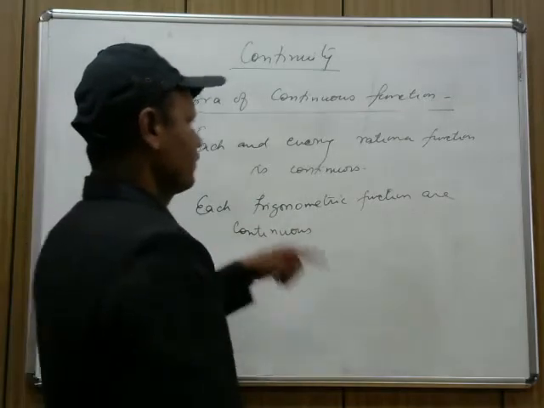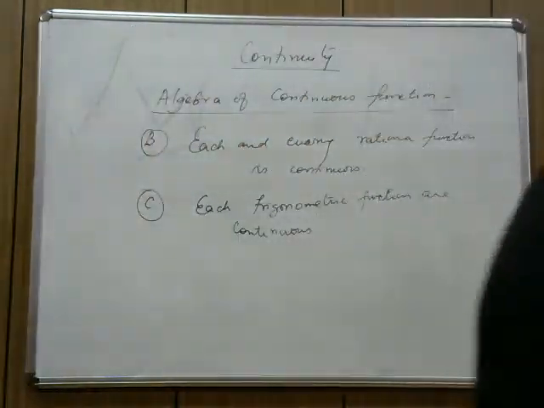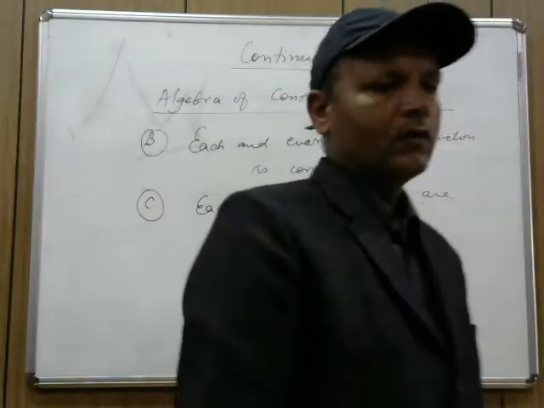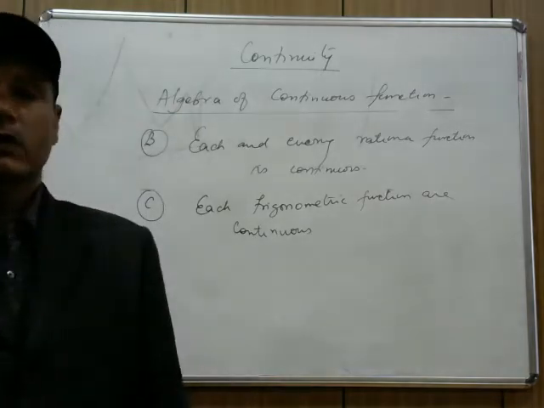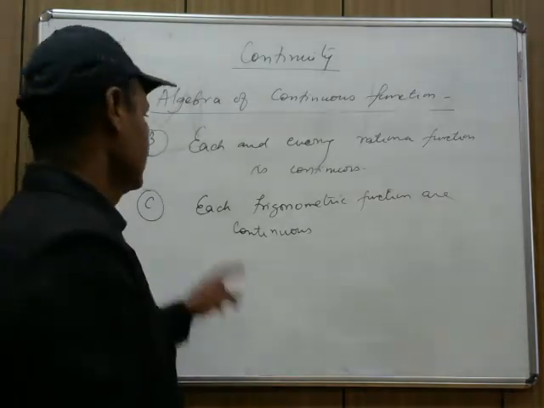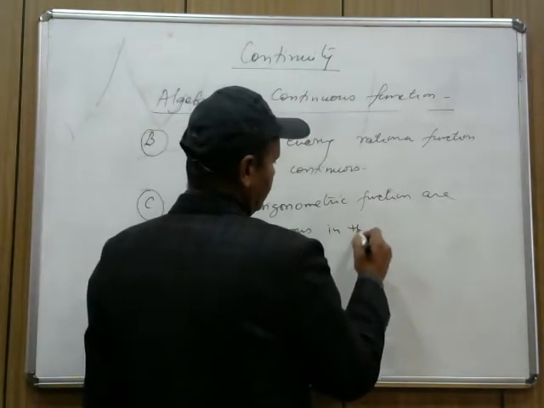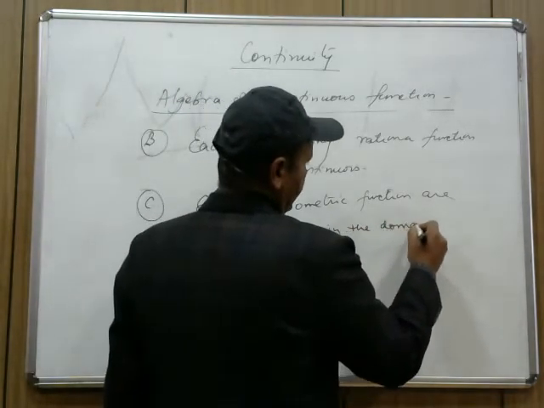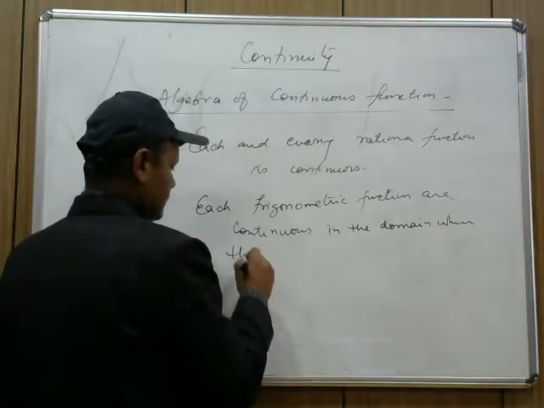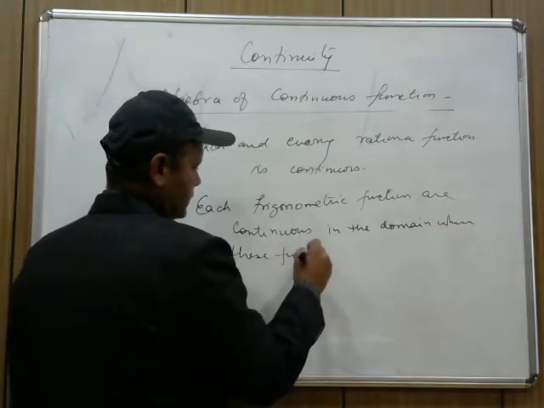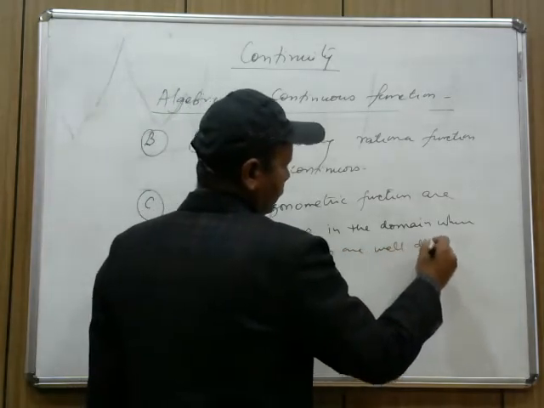Each and every trigonometric function like sin x, cos x, tan x, sec x, cosec x, all the trigonometric functions are also continuous in the domain where they are defined. Each trigonometric function is continuous in the domain where these functions are well defined.